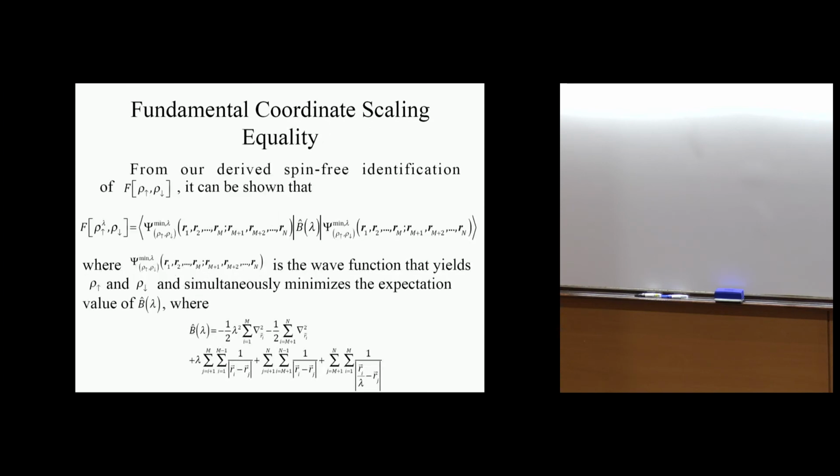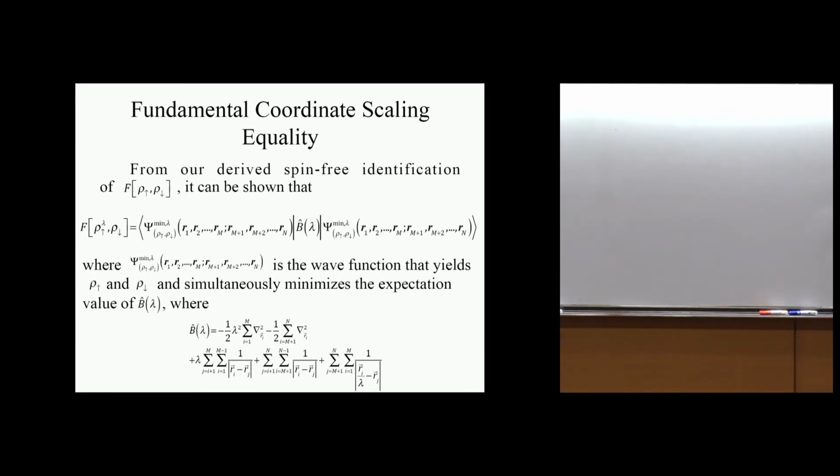Now, what about the conjecture of Karen Burke and co-workers that stimulated our thinking about all this? It's from a derived spin identification. It can be shown that F of rho down, rho up, this is an inequality here, and psi min lambda, and it's psi B lambda psi, where B is an operator.